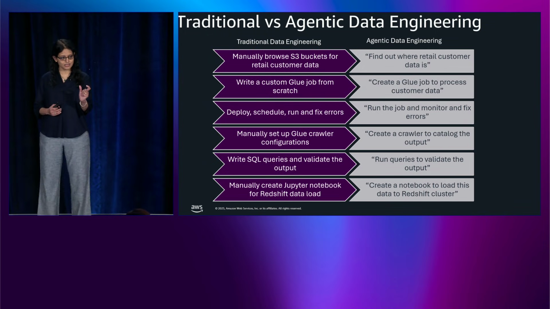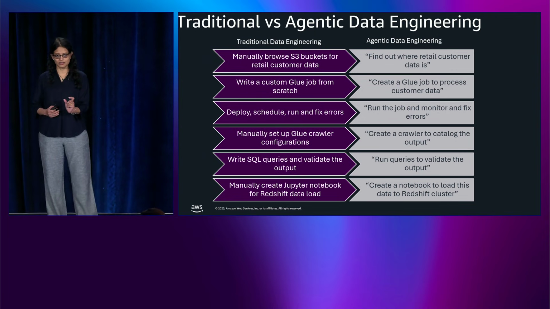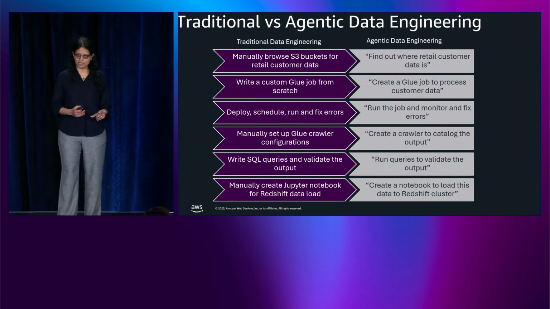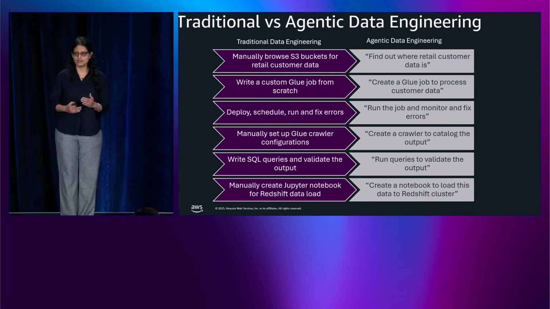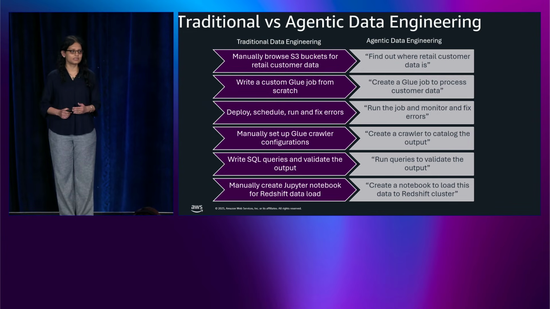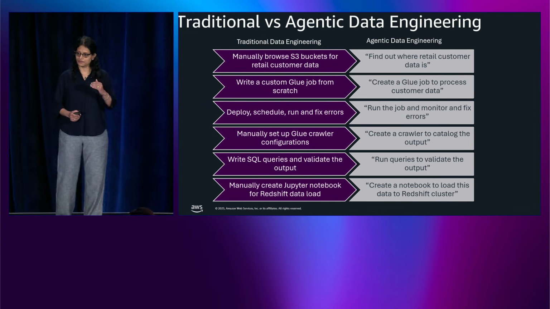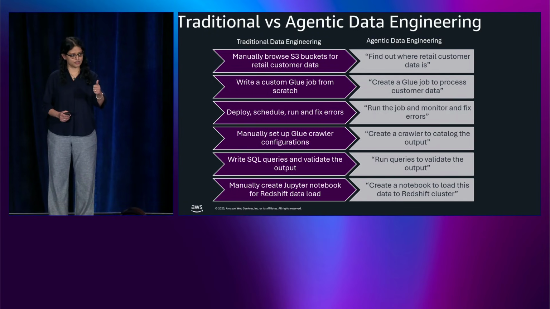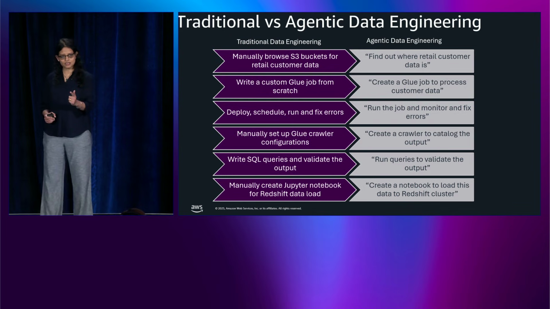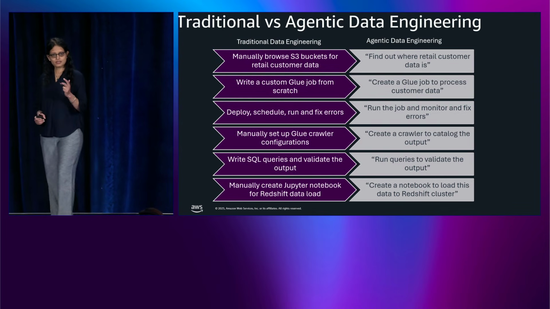Versus with agentic data engineering, what if for each of the steps, instead of writing and typing and going through the console, it's converted into a natural language? So first, find the retail customer data set. Once you find it, create a glue job, deploy it.